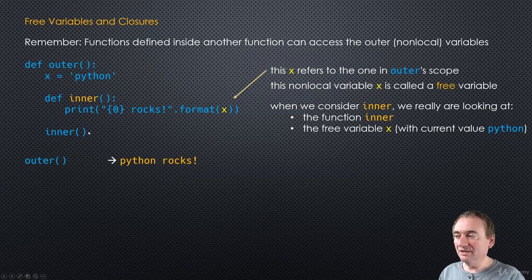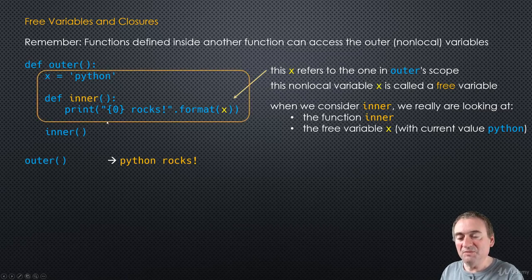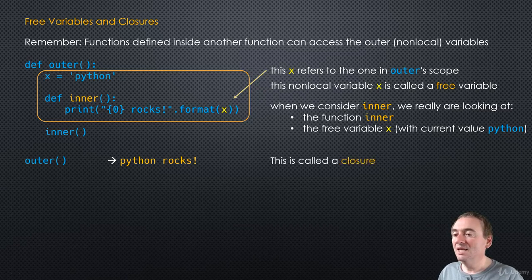So when we consider inner, we're really talking about two things, inner and the free variable x, because x isn't inside inner. So we have to consider that these two things live together. They have to be bound together. And that's called a closure, because inner basically encloses its free variables. So it's a closure.